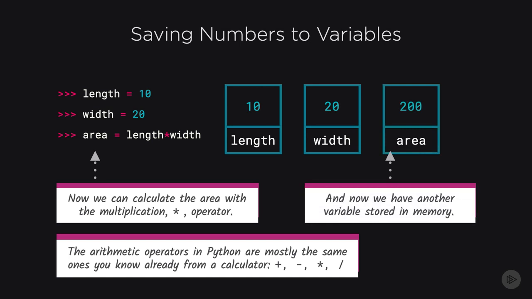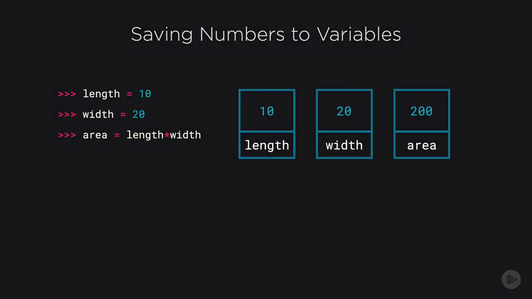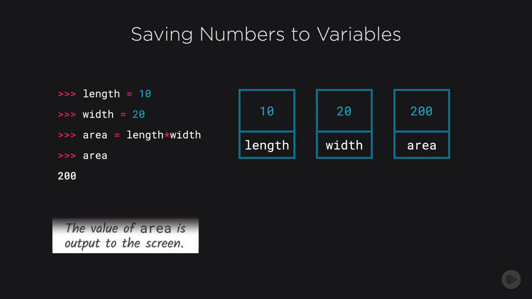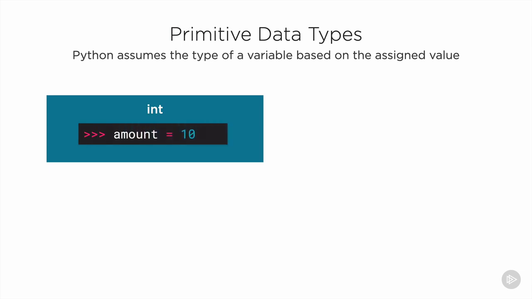And now we have another variable stored in memory, and we can see its value is the result of length times width, which is 10 times 20, which is 200. If we enter the variable area into the interpreter, it will output the value of area, which is 200, like we just said. Now we've seen our first Python data type, integers, or int for short.